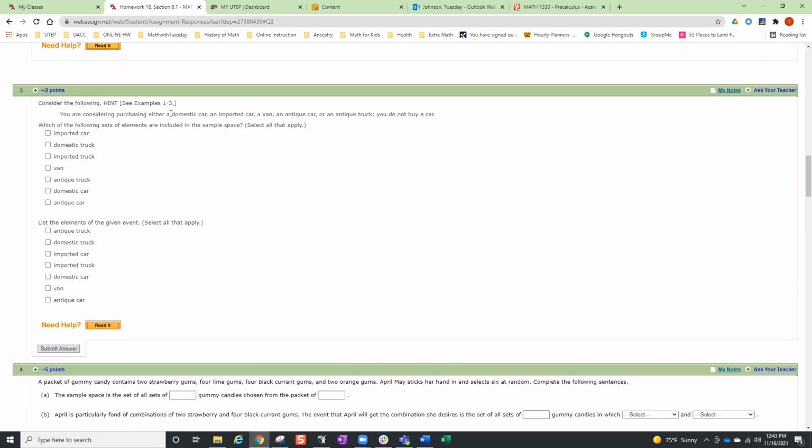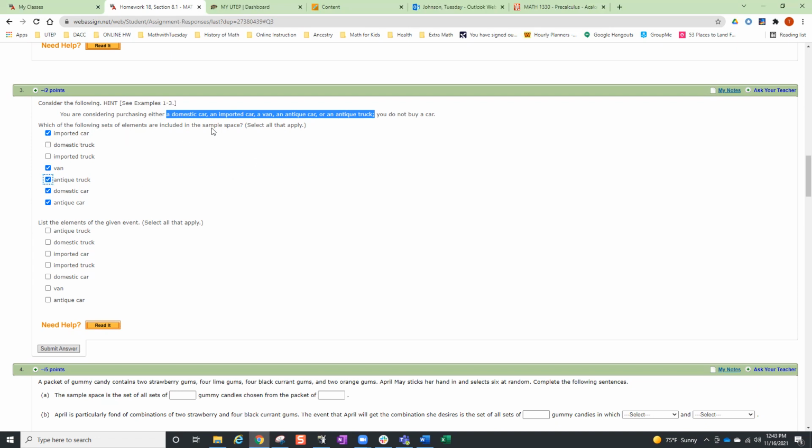So you're considering purchasing either a domestic car, an imported car, a van, an antique car, or an antique truck. Everything before the semicolon is going to be your sample space, so everything that's listed here. I have to think about it really simply: a domestic car, an imported car, a van, an antique car, or an antique truck.